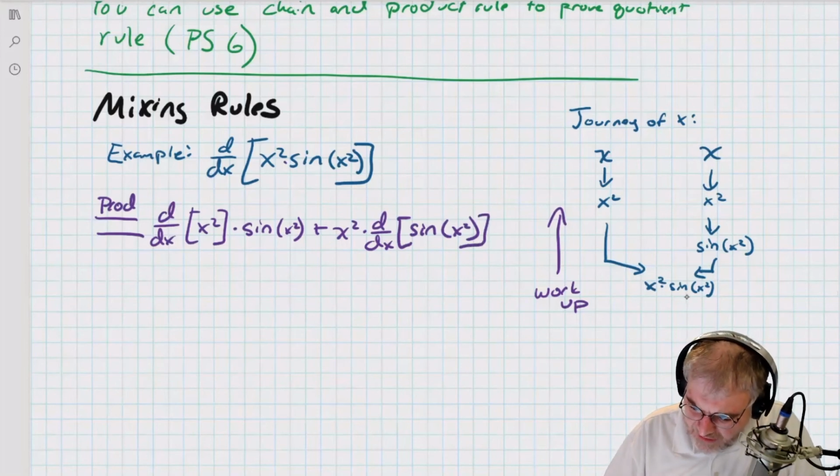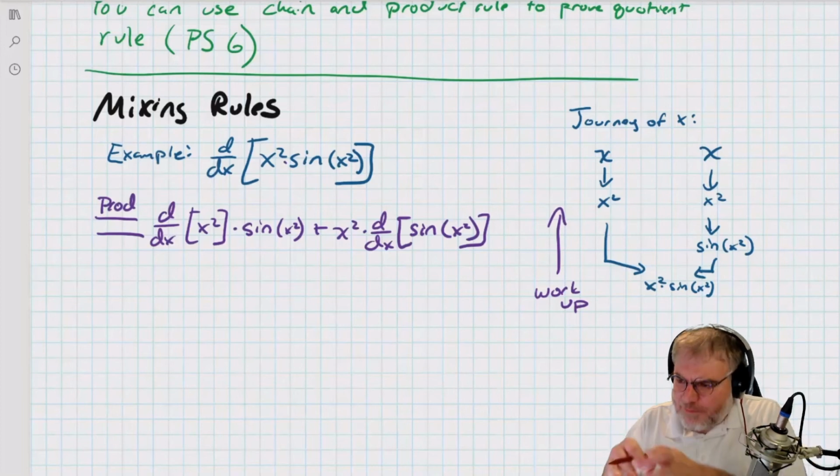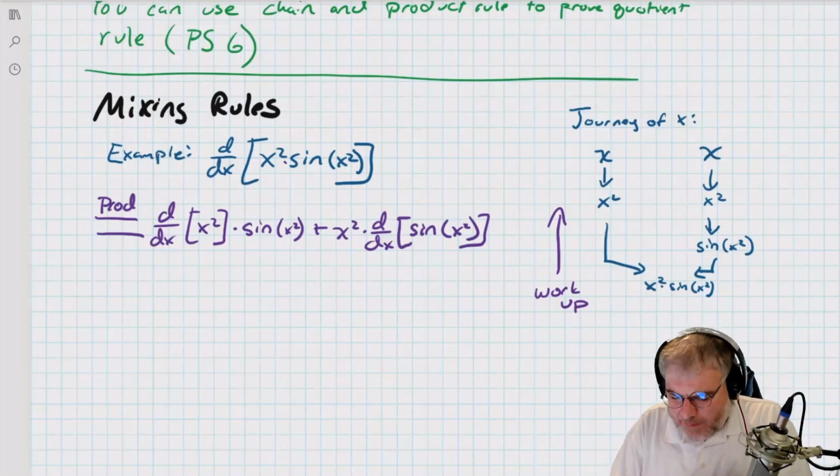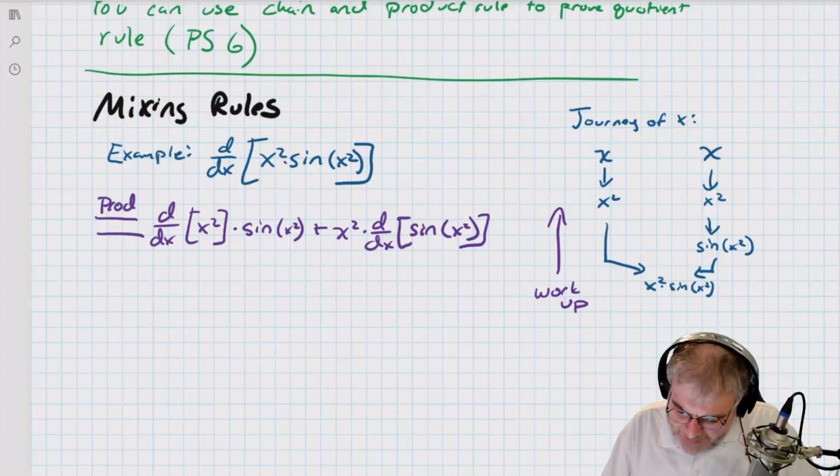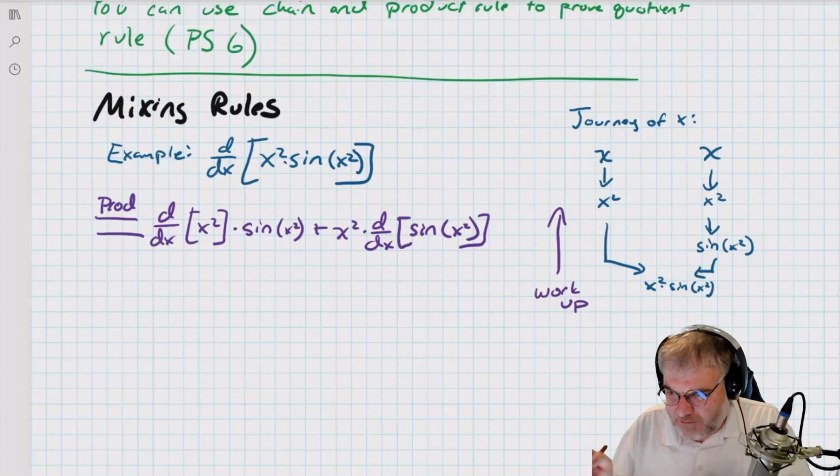So that's here. Now I'm going to move up. I'm only going to peel this one layer at a time, but these things are now separate problems. This is baggage, and these are two separate derivative problems.